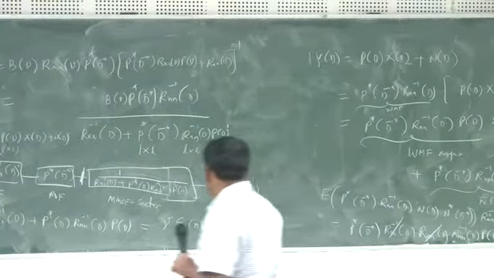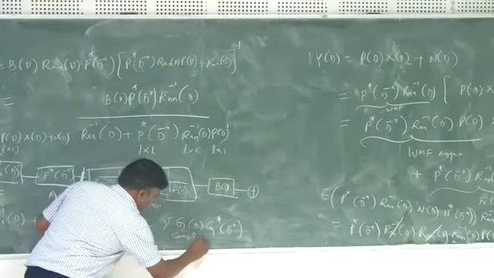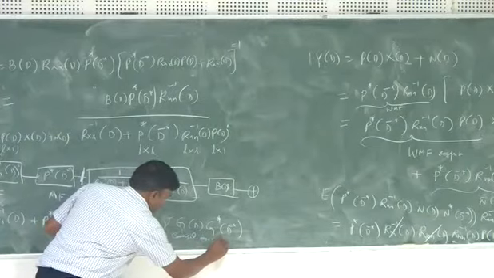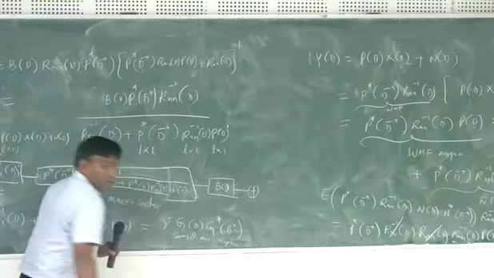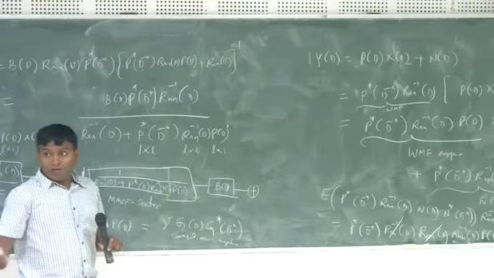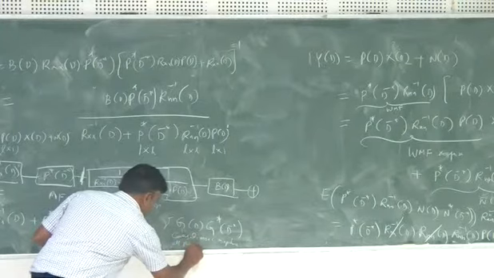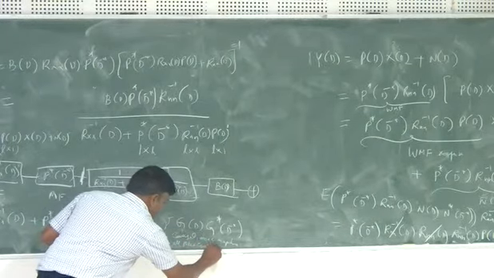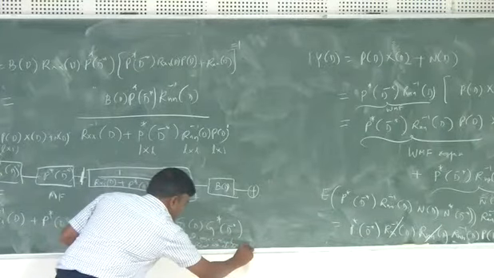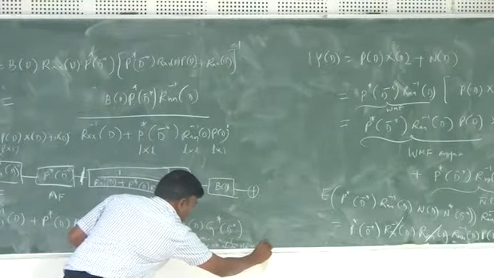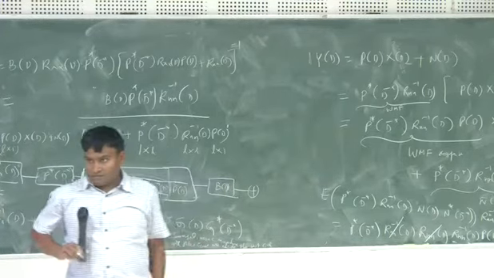So yes, it's fine. This is causal, monic, minimum phase, and by minimum phase, all poles and zeros are inside the unit circle for G of D. So G star D inverse strictly obeys the opposite.